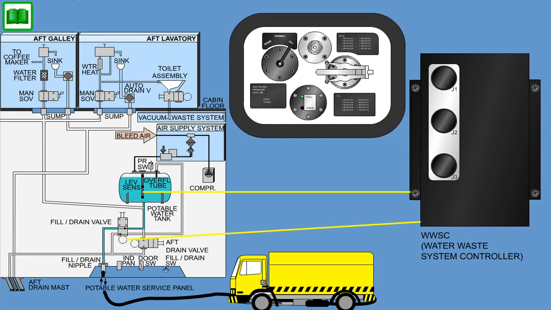When the fill drain switch is returned to the normal position, all valves automatically close. A 10-second timeout period is incorporated to shut down the WWSC and avoid battery depletion. The service panel door switch disconnects the WWSC from the hot bus every time the service panel door is closed.